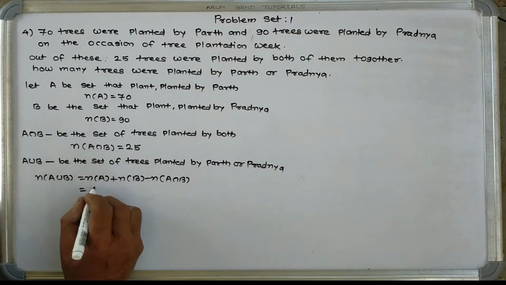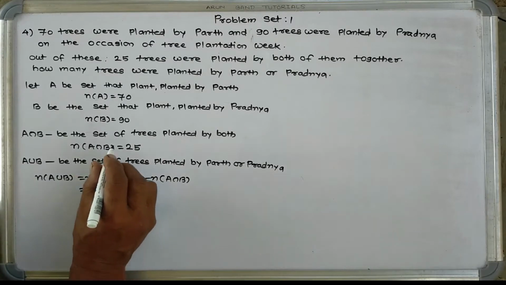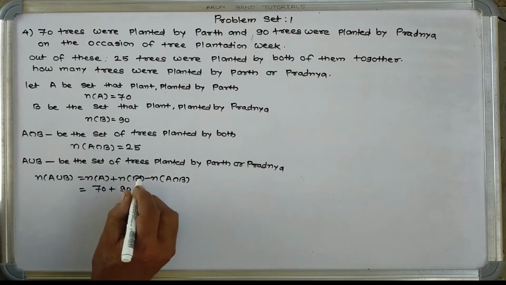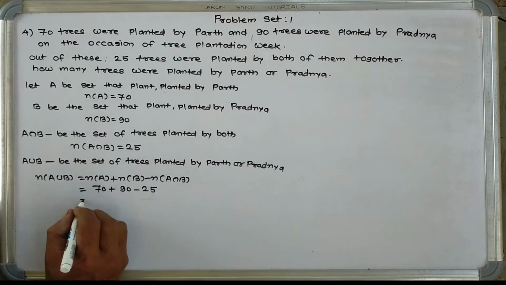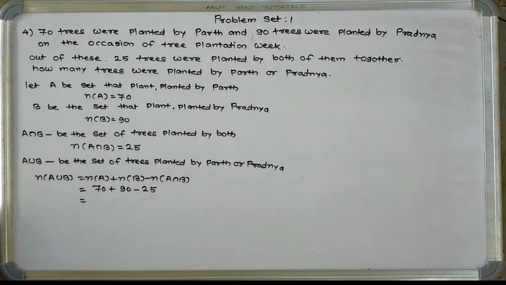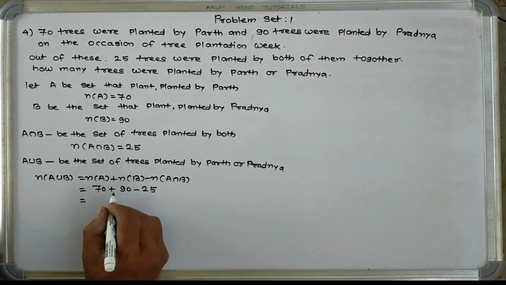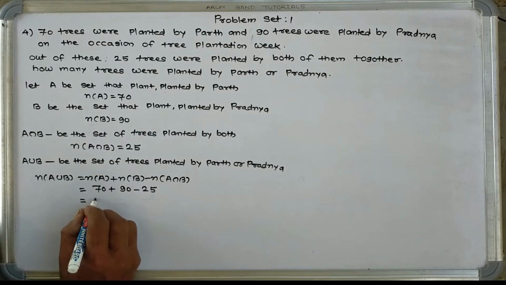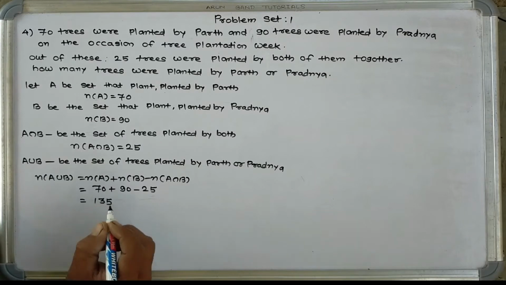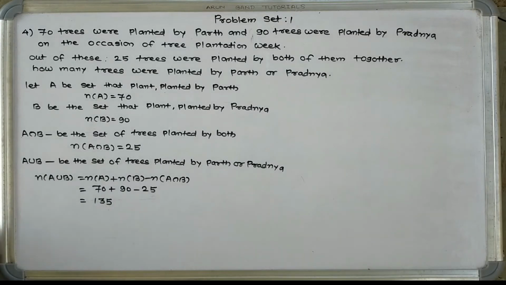So n of A is 70 plus n of B 90 minus 25. So this will be equal to 90 plus 70, this will be 160, 160 minus 25. So this will be 135.